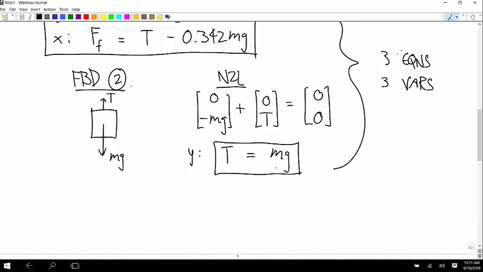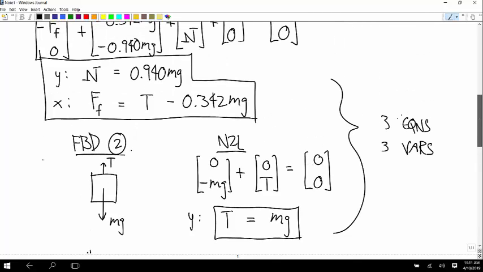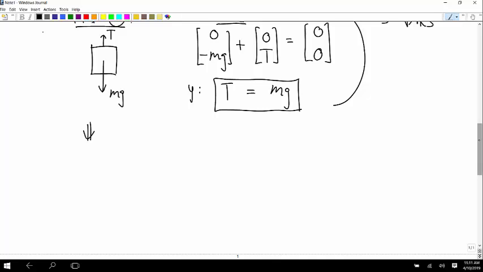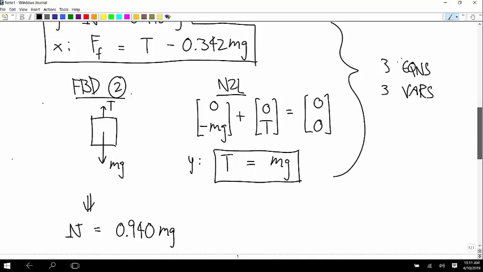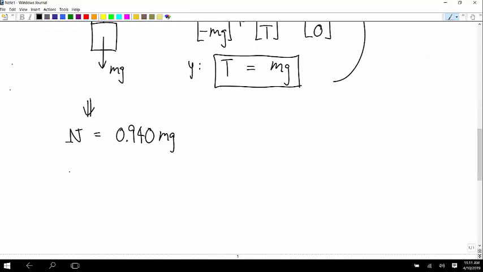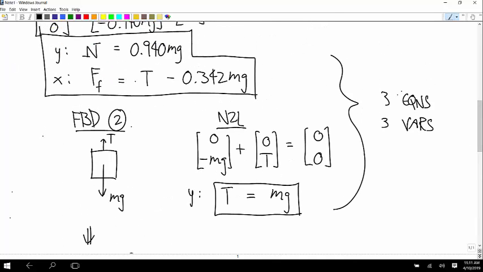I'll plug mg in for T in the x equation above, and we get this new system of 2 equations that say N is equal to 0.940 mg. And the second one says the force of friction is equal to mg minus 0.342 mg. So that's 0.658 mg, right?